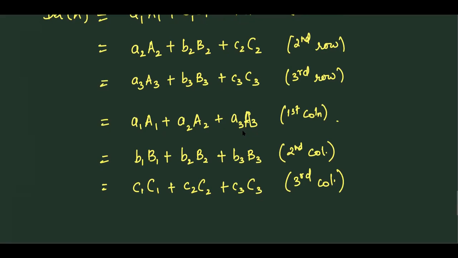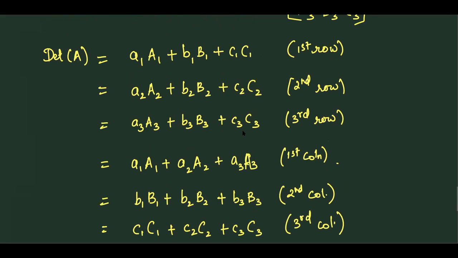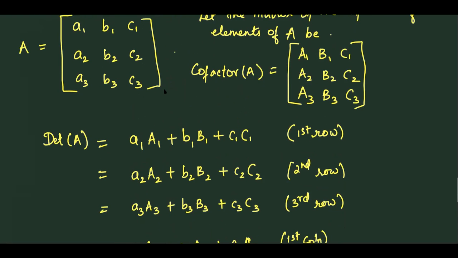So we defined how a determinant can be taken along any row or any column. This is the matrix A1, B1, C1, A2, B2, C2, A3, B3, C3, and the cofactors are capital A1, capital B1, capital C1, capital A2, capital B2, capital C2, capital A3, capital B3, capital C3. So each element is multiplied with its cofactor, and then you take the sum along any row or any column.